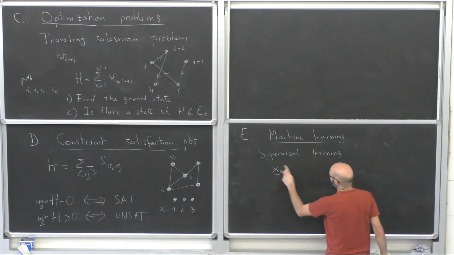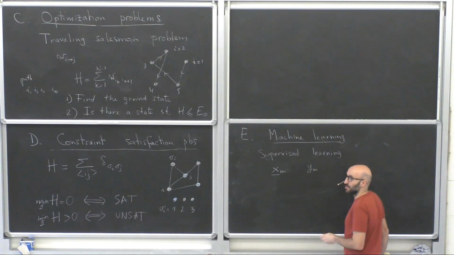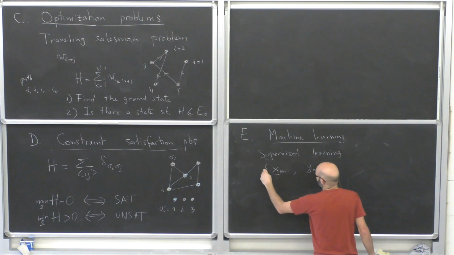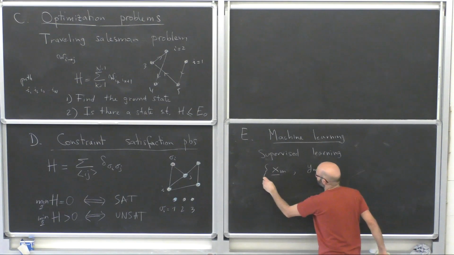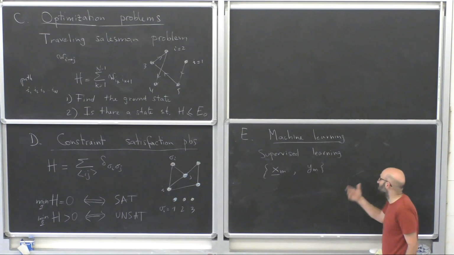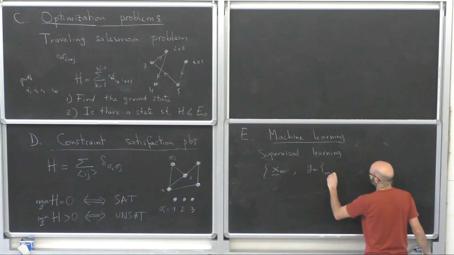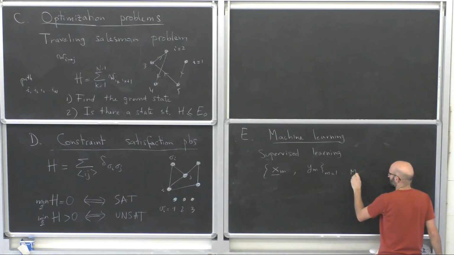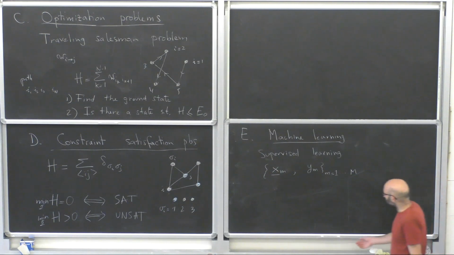And for each data point, you have a label, y. So you have pairs of inputs, for example an image, and labels, for example cat and dog. And let's say that you have capital M data points.